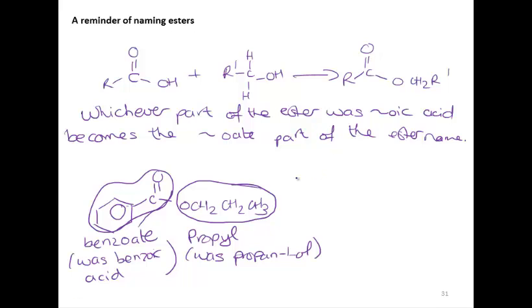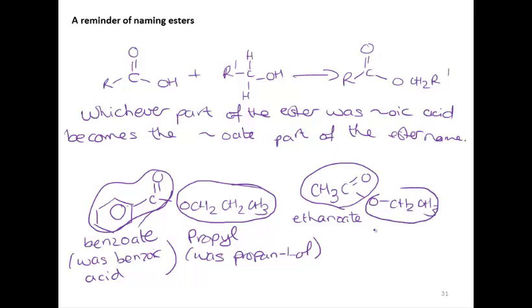Have a look at the simpler one. This bit was ethanoic acid, so that's going to become ethanoate, and this bit was ethanol, so that's going to become ethyl, so ethyl ethanoate.